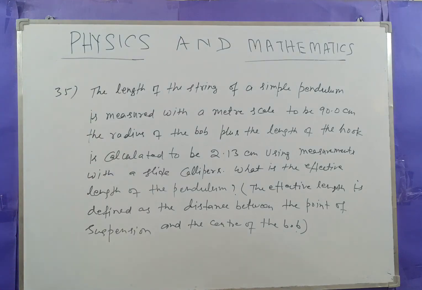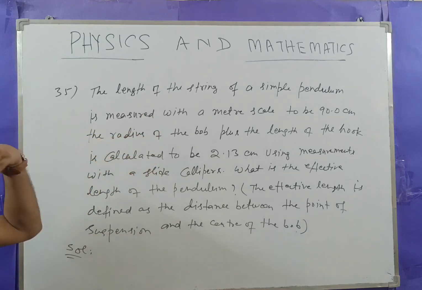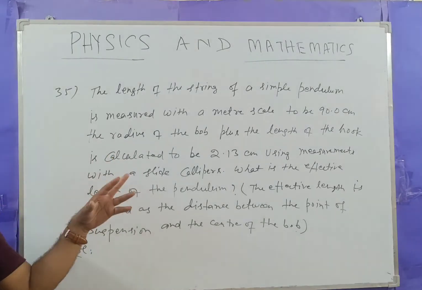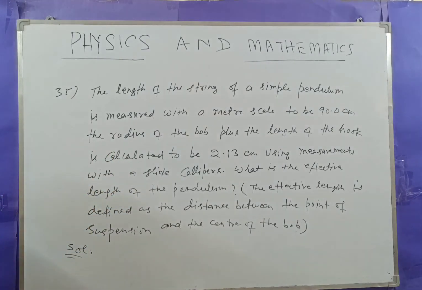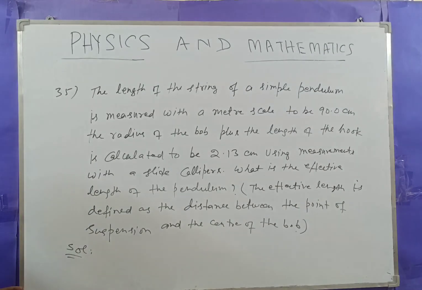The length of the string of a simple pendulum. Let us understand the meaning of the question. The length of the string of a simple pendulum is measured with a meter scale to be 90.0 centimeter. The radius of the bob plus the length of the hook is calculated to be 2.13 centimeter using measurements with a slide calipers.